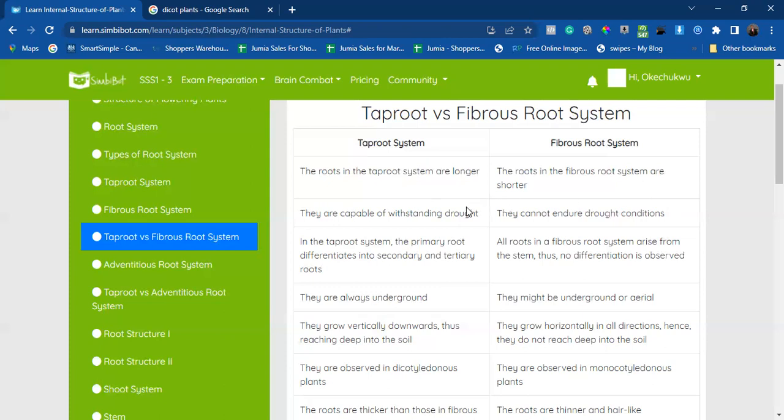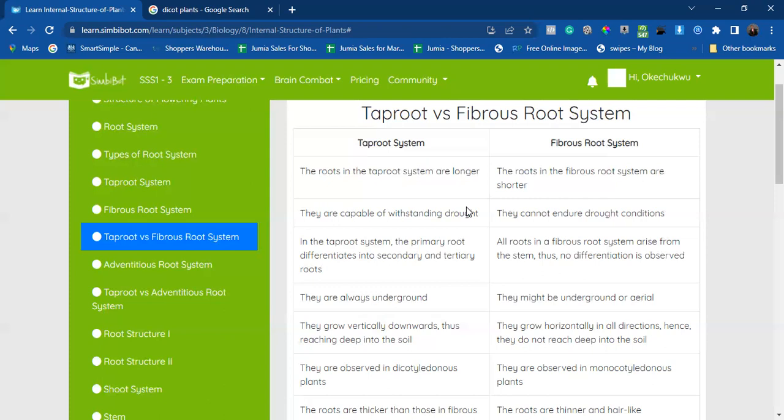So if, for instance, there is lack of water or rainfall over a period of time, taproots can survive. Why? Because they have a system that allows them to store water or minerals or nutrients to sustain them during the period where the drought is very serious.